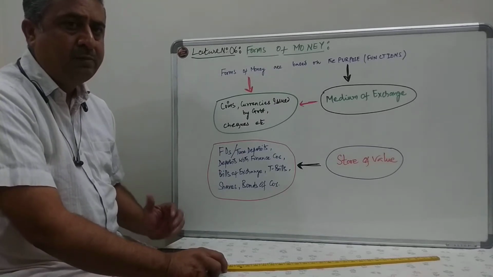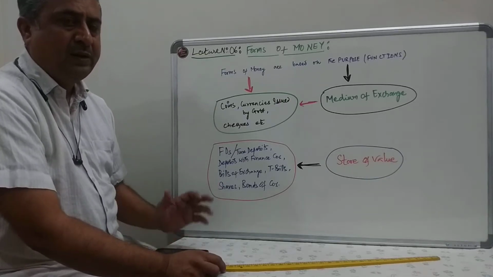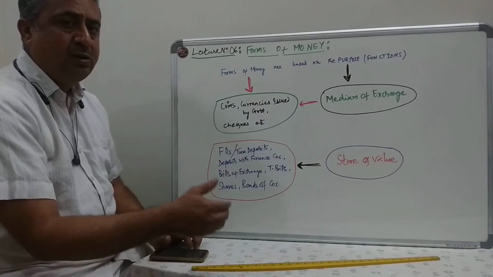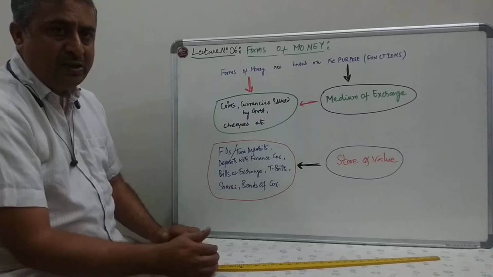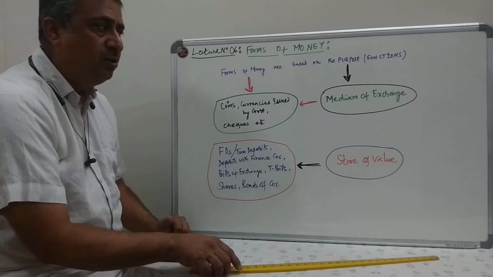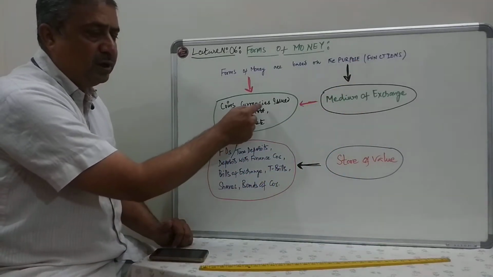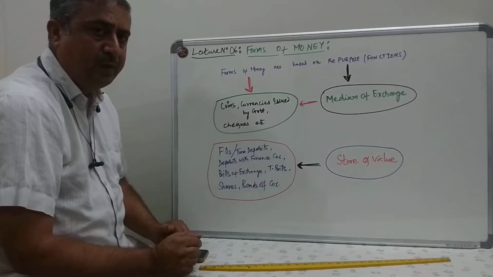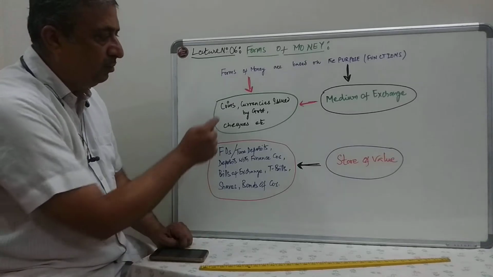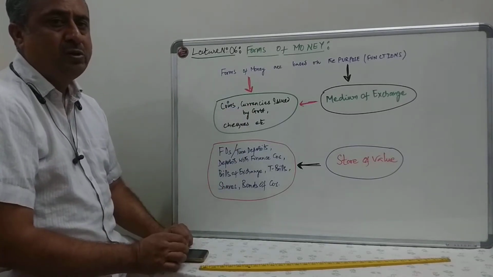Whatever is backed by the government, federal government, elected government, or government of the present times, has certain value. So anything that is valuable or has intrinsic value is used as a medium of exchange. Hence, coins and currencies issued by government are legal tender, legal tenders for exchange of goods and services.